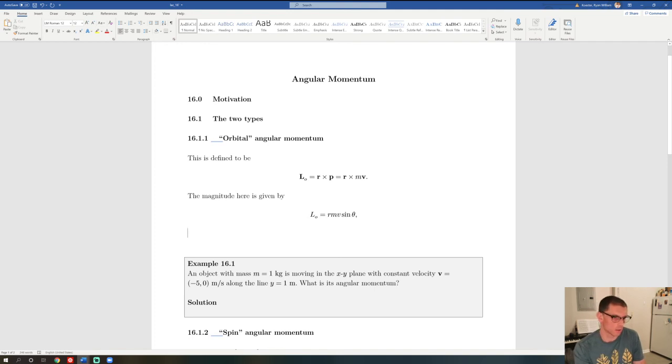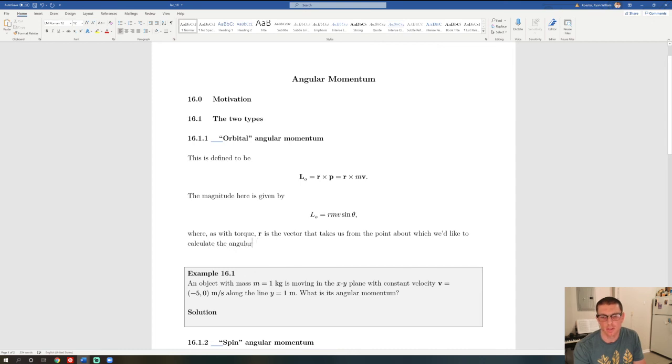So to specify this, I'm going to say where, as with torque, r, and this is the vector r, right, is the vector that takes us from the point about which we'd like to calculate the angular momentum of an object to the point where the object is located.